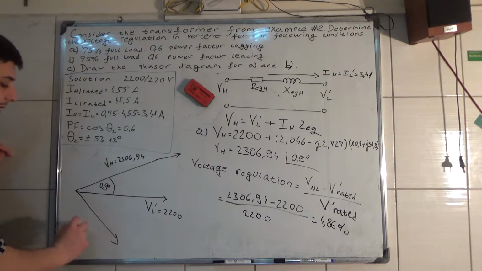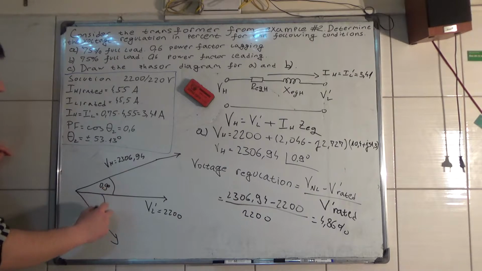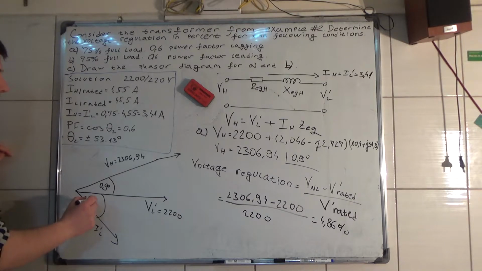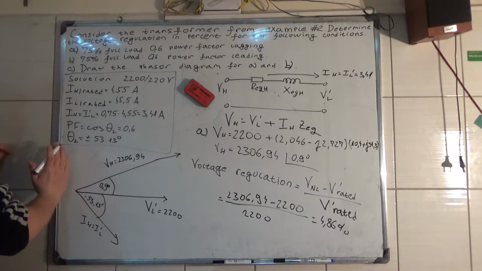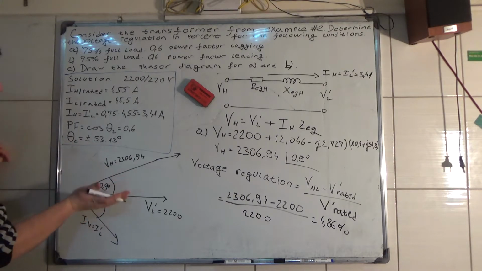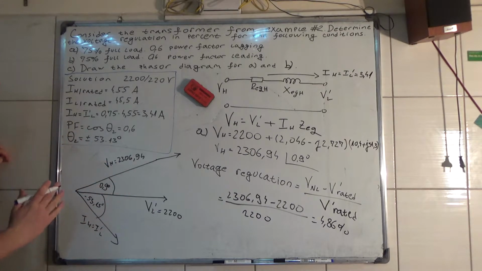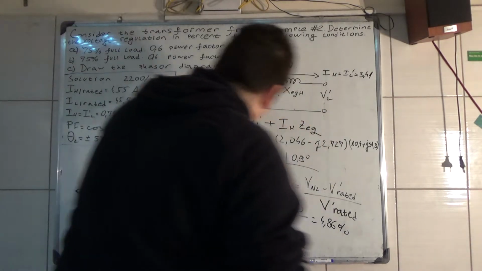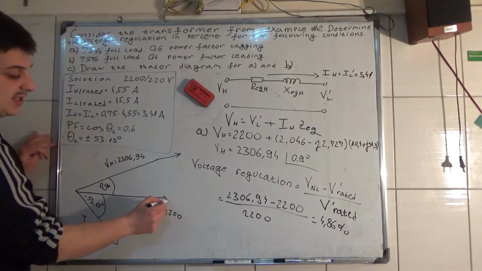This is the current IH, which is equal to IL referred to the primary side. You have a phase shift of minus 53.13 degrees. If it was plus, it would go on the other side. And now you have some resistive drop.